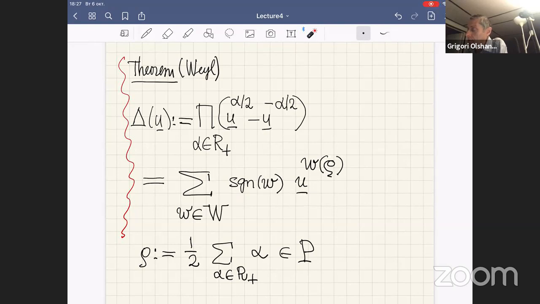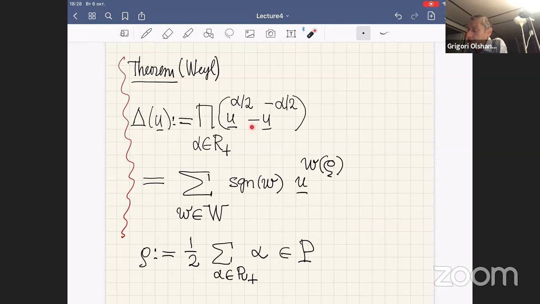The sum over W ranging over the Weyl group, we take the half sum of positive roots and apply W. We can equally well apply this to this element, no matter, this is the same.